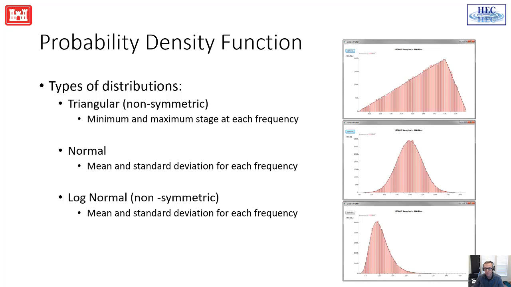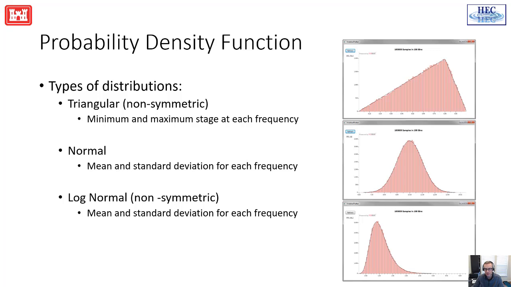A normal distribution, which is a two-parameter distribution function defined by the mean and the standard deviation. This produces a symmetrical bell-shaped curve applicable to many kinds of data sets where values are equally likely to be greater than or less than the mean. It's also called a Gaussian distribution. The distribution is truncated at plus and minus 3 standard deviations from the mean.